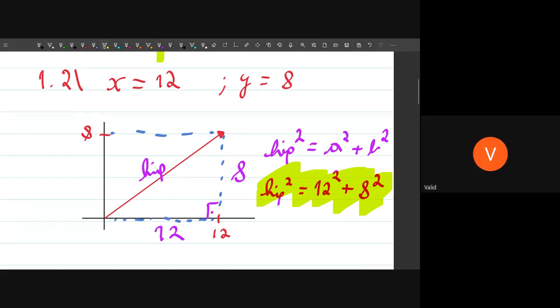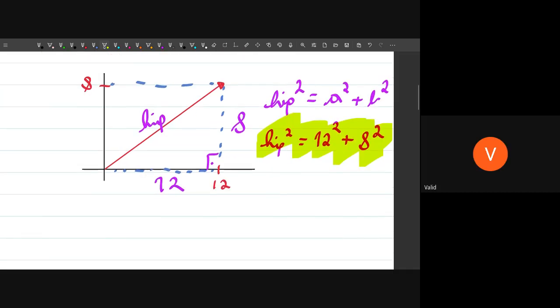It's equal to 208. How much, sorry? 208. But did you do the square root, or did you just sum? No, I just sum. You need to do the square root, okay? It is 144 plus 64, okay?